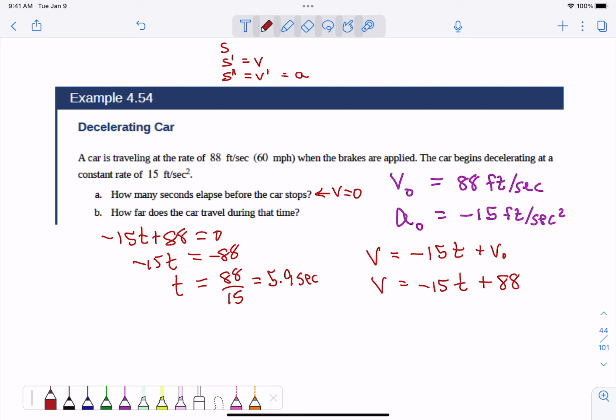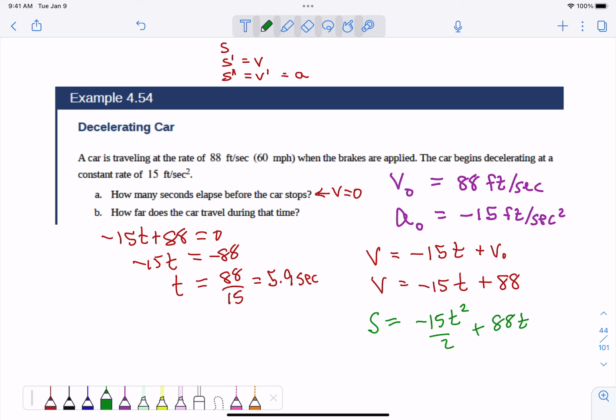Okay, so let's just take a look at now our position function. Our position function tells us the distance that it's traveling. So our position function is going to have to go backwards one more time. So that's going to be negative 15t squared divided by 2 plus 88t plus some initial position.